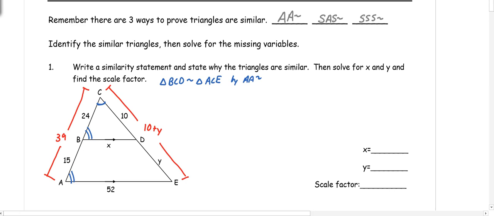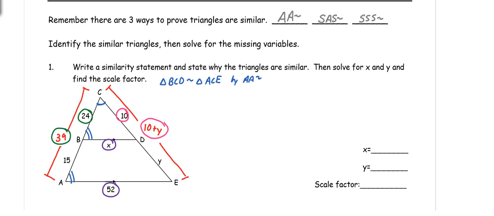So to look at my sides that correspond with each other, 24 corresponds with the whole side length on that side, so 39. 10 corresponds with the side on that whole length, which is 10 plus y, and x corresponds with the other base of the triangle, 52. So now we can use those ideas to solve for x and y.